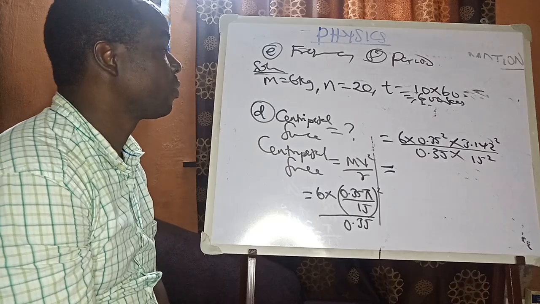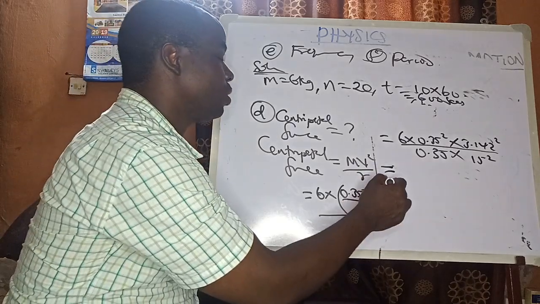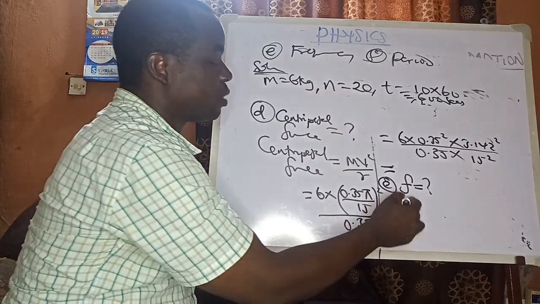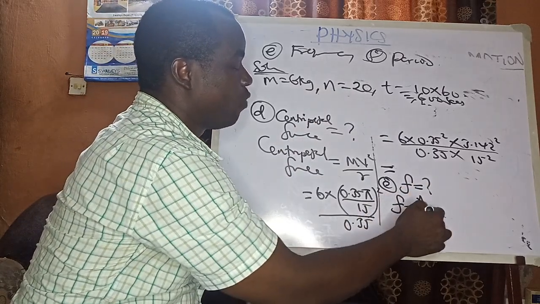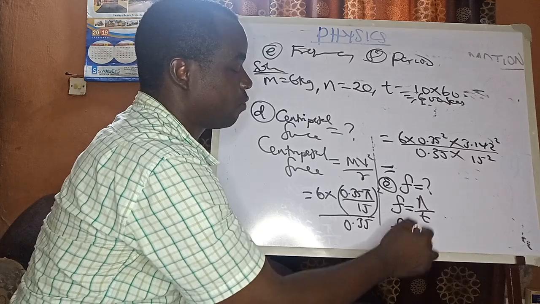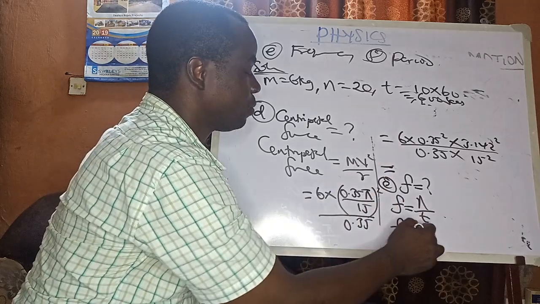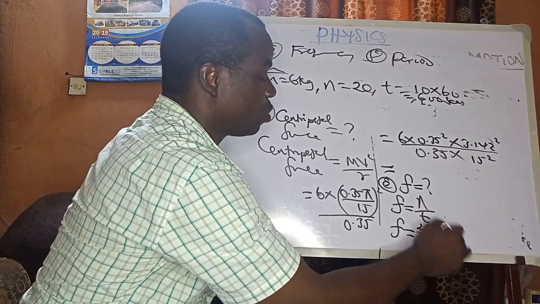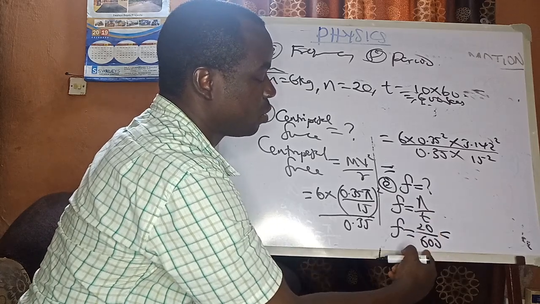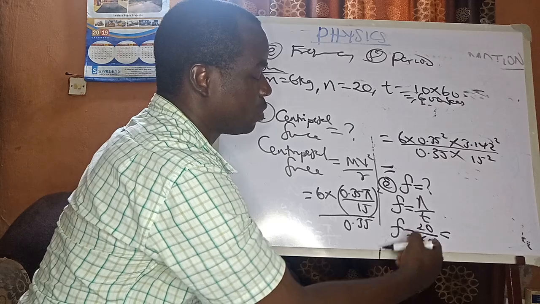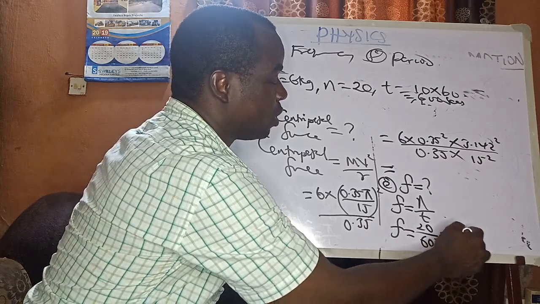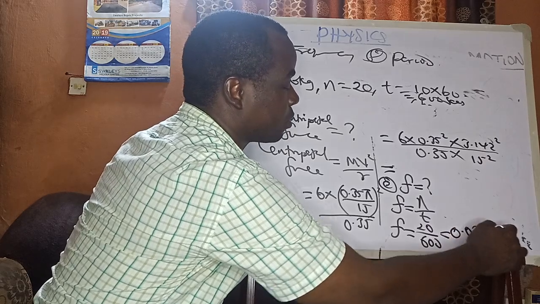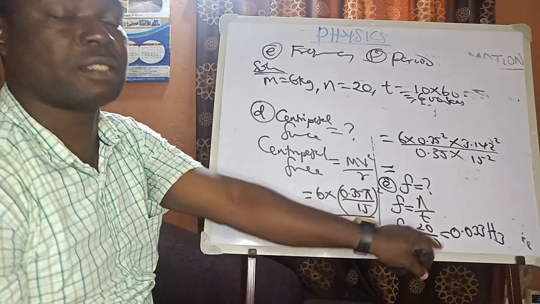Okay. Now the E question is frequency. What's the formula for frequency? N over T. So you now have N is what? 20. T is 600. So if you cancel out this over this, that's 1 over 30. That is 0.033 hertz. Unit of frequency is hertz. Take note.